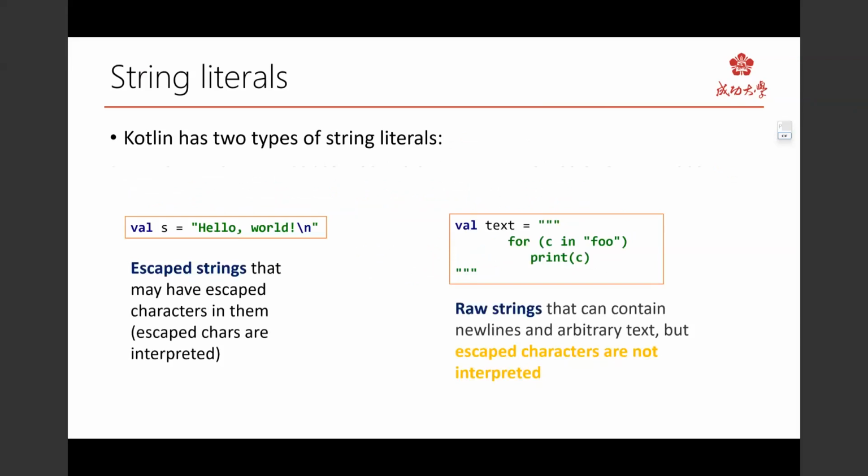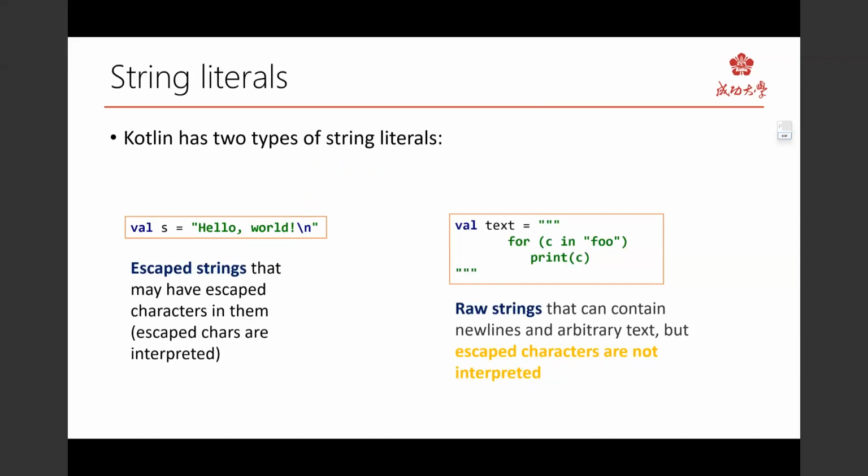Now, Kotlin has two types of string literals, and they are escaped strings and raw strings. In escaped strings, escaped characters are interpreted. For example, \n is going to be interpreted as a new line in escaped strings.